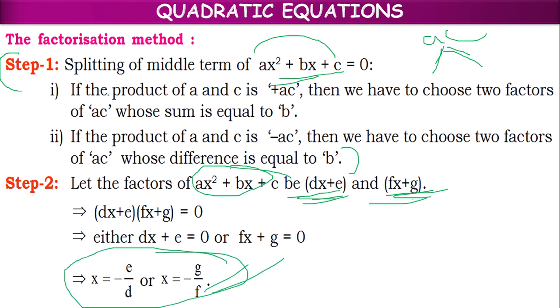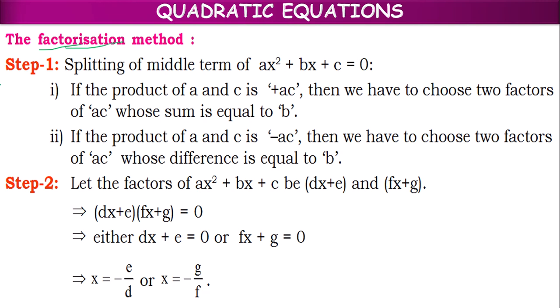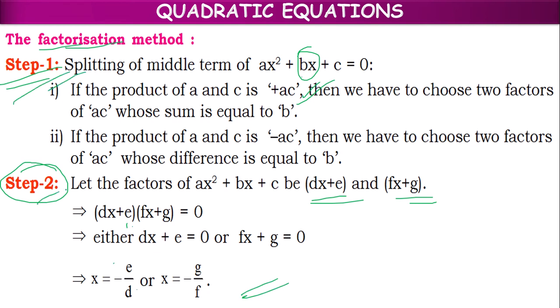So, in factorization method, in step 1, how to split the middle term, that is the concept. In step 2, if you know the factors, how to find x value from the factors, that is step 2. So let's solve some examples based on this step 1 and step 2.